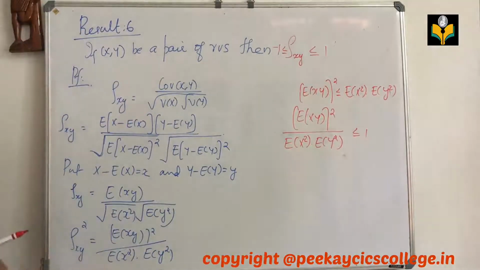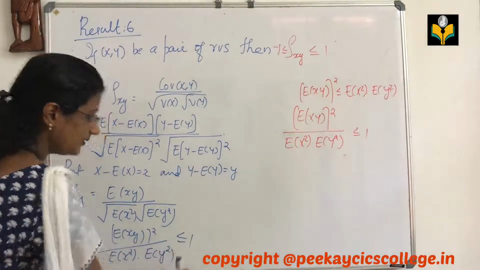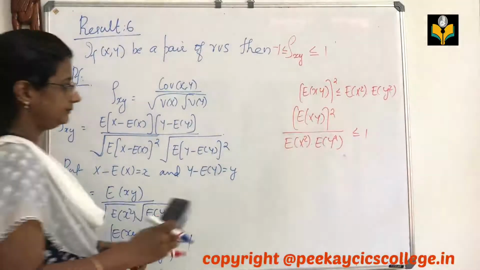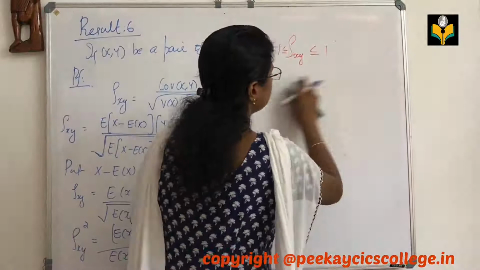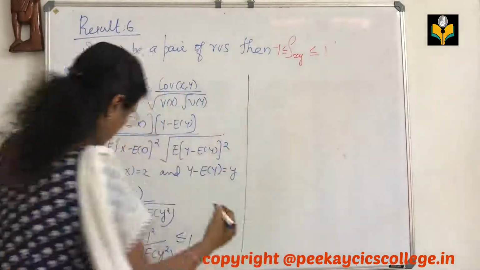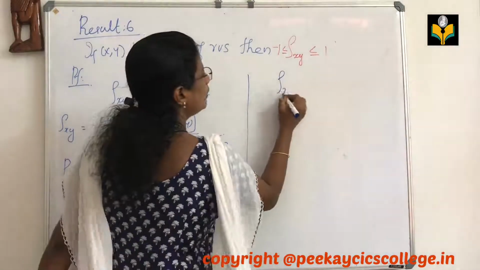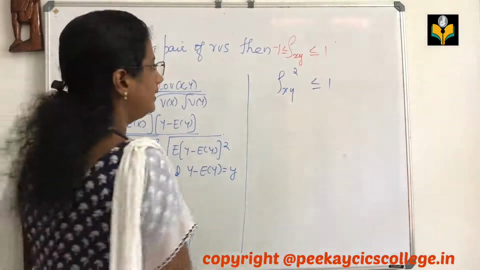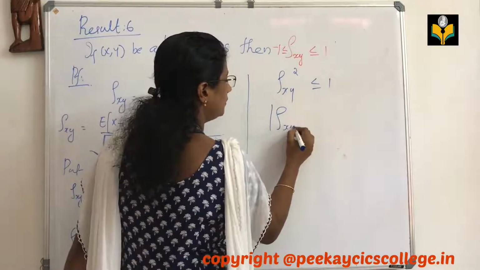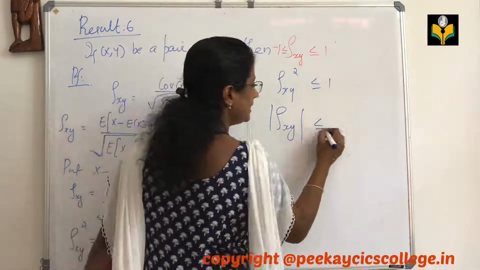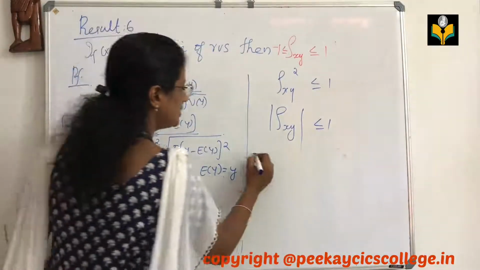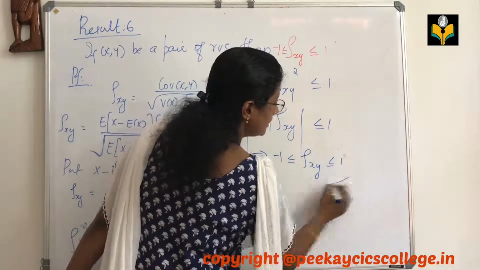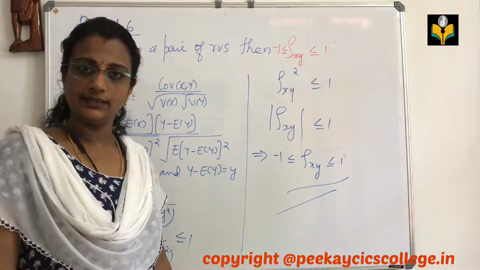Clear? അപ്പോൾ rho xy the whole square less than or equal to 1. അങ്ങനെയാണെങ്കിൽ modulus value of rho xy less than or equal to 1, which implies minus 1 less than or equal to rho xy less than or equal to 1. Hence the proof.